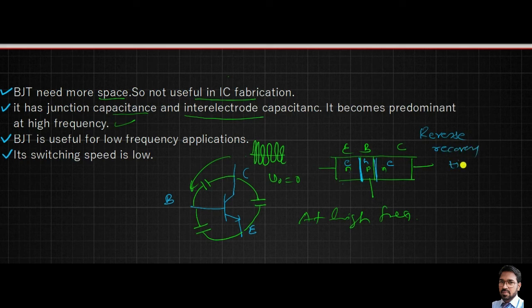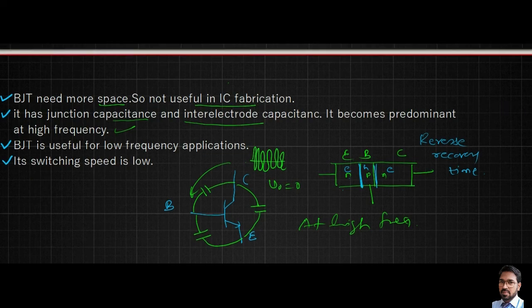Reverse recovery time is more in the case of BJT because it is bipolar, and this controls the switching speed. Because of this, switching speed is less, so it is not suitable to make high speed digital circuits. These are some important points of the bipolar junction transistor.